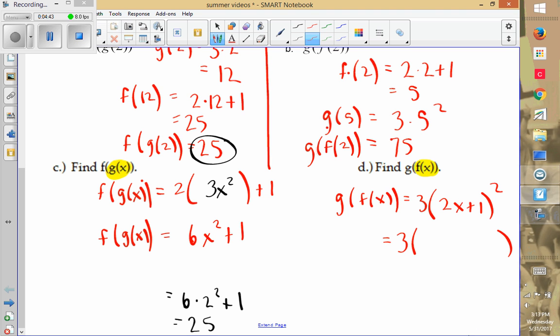So when I FOIL out 2x plus 1 squared, I'm going to get 4x squared plus 4x plus 1. Now my order of operations says I can multiply by 3. So I have 12x squared plus 12x plus 3. And that is the answer for when I'm finding g of f of x.